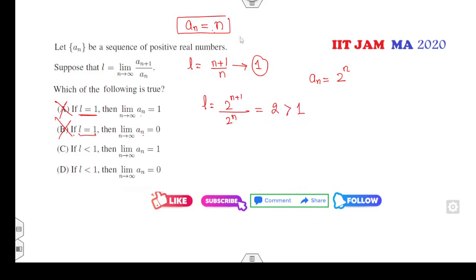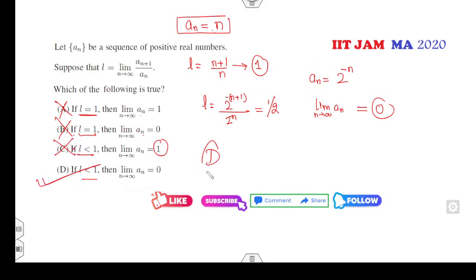But we need less than 1, so change this to 2 raised to power minus n. Fine. So the answer is 1 by 2, which is less than 1. So can you find the limit of a_n as n approaches infinity? That is my 0, but he said 1. That's a wrong answer. Only D is the correct answer of the problem.